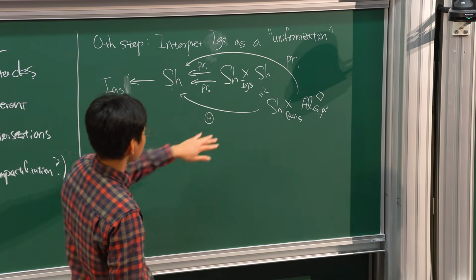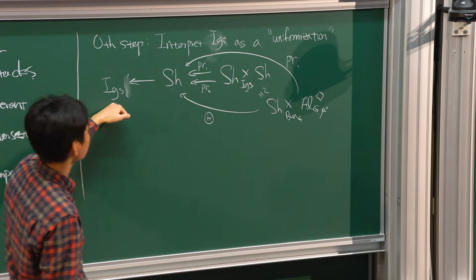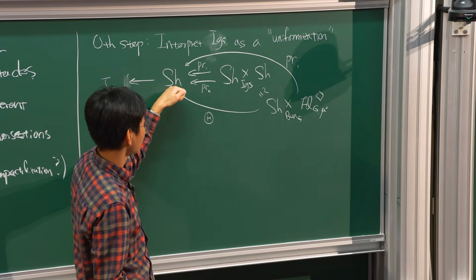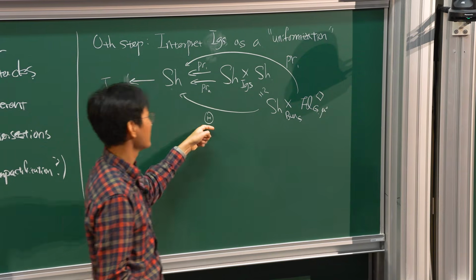And the point is that once I have this map theta, I can write down the Igusa stack as the quotient of the Shimura variety by whatever this is along the projection map and theta.